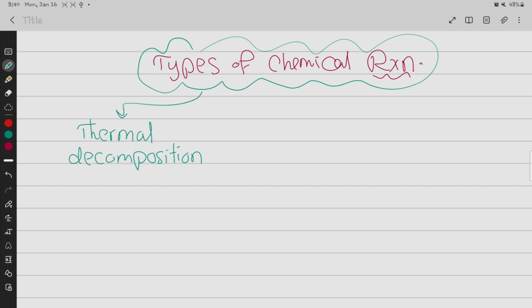And the second type we will study is substitution reaction. And the third one is something called oxidation and reduction.